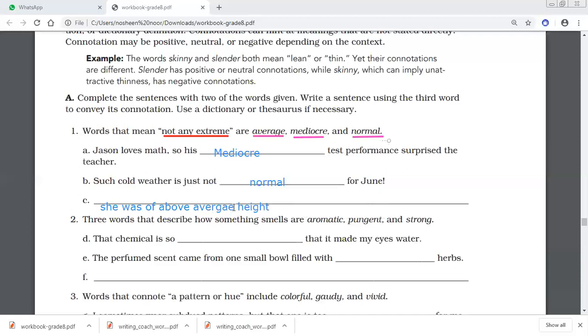Girls, please check the spelling here. I just typed them wrong. Are you writing?